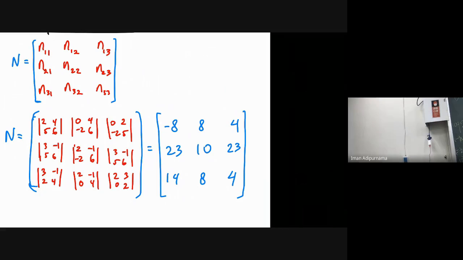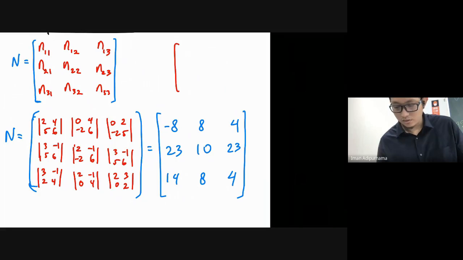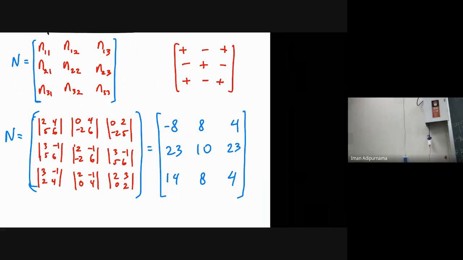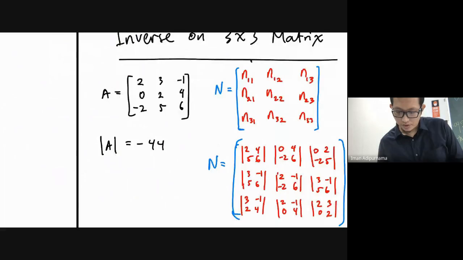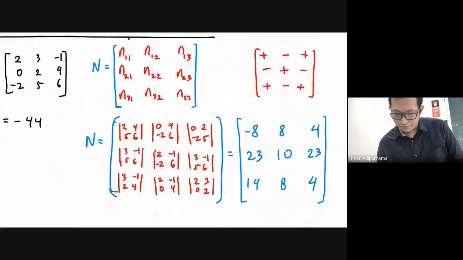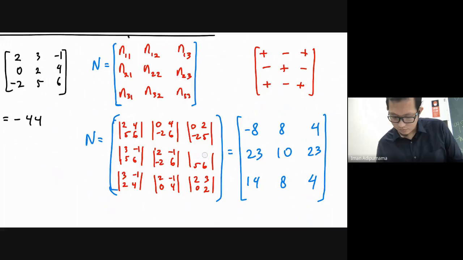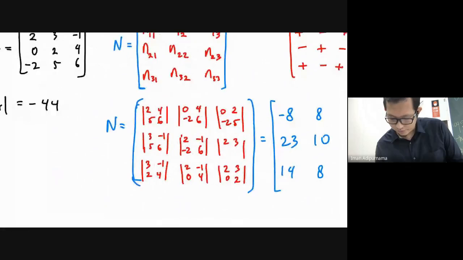And then the next thing, we need to multiply with the sign of the cofactor. Still remember cofactor from last time? The positive, negative, positive. 2, 3. This one? This is wrong, right? It should be 2, 3, negative 2, 5.